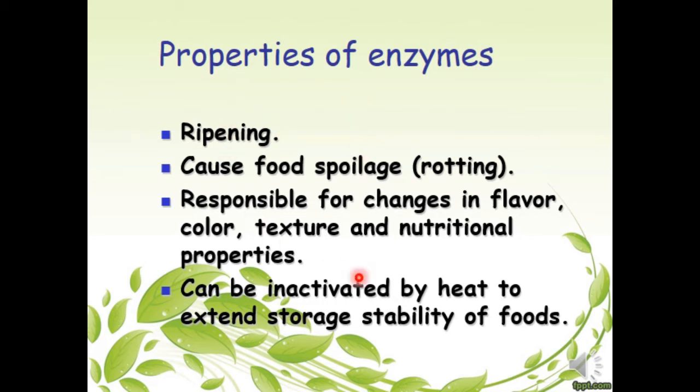Therefore, the enzyme responsible for the ripening of the fruits can be inactivated by heat through a process we call blanching. The fruits are immersed in very hot water for a particular time, let's say 10 seconds, just to inactivate the enzyme.